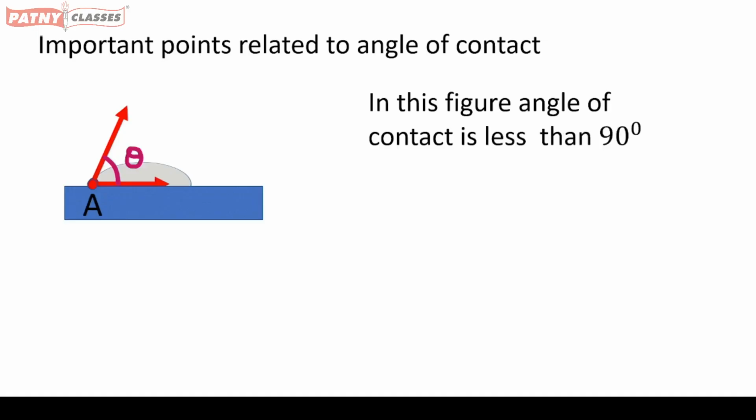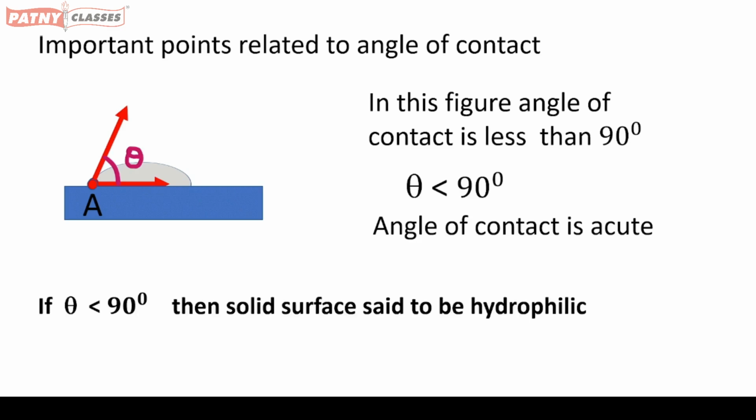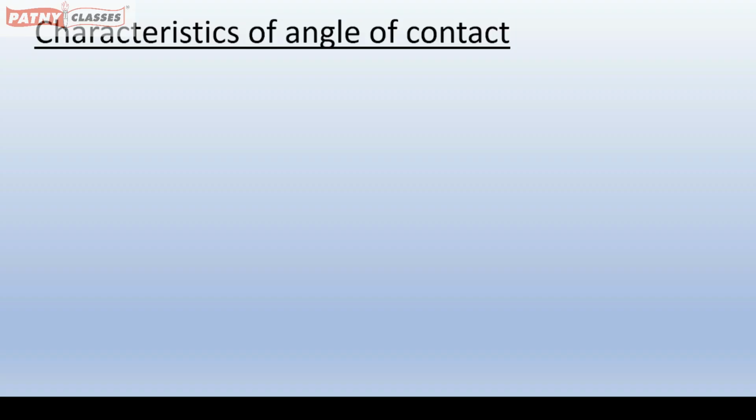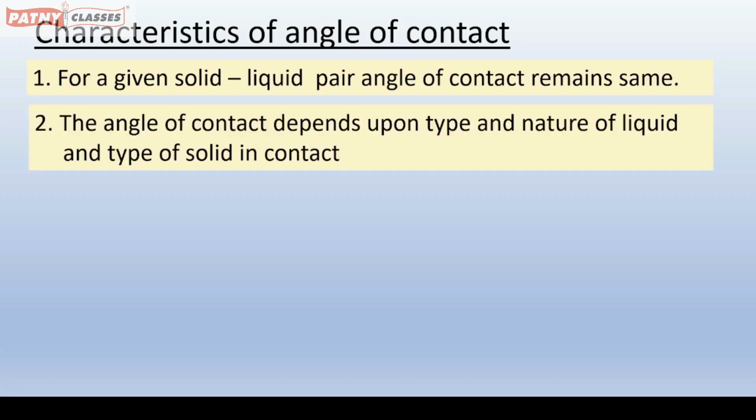In this figure, angle of contact is less than 90 degrees. Angle of contact is acute. If theta is less than 90 degrees, then the solid surface is said to be hydrophilic. Characteristics of angle of contact. For a given solid-liquid pair, angle of contact remains the same.